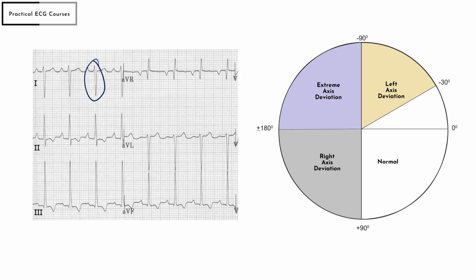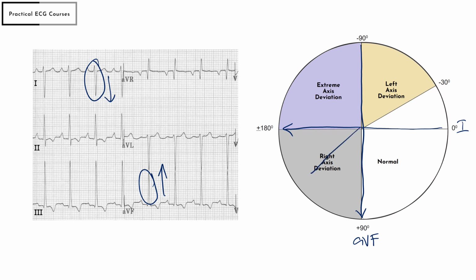In this ECG, you can see that lead 1 is predominantly negative, whereas lead AVF is predominantly positive. So from a concept point of view, lead 1 is predominantly negative, so the vector is going away from it, whereas lead AVF is predominantly positive, so it sees the vector as coming towards it.